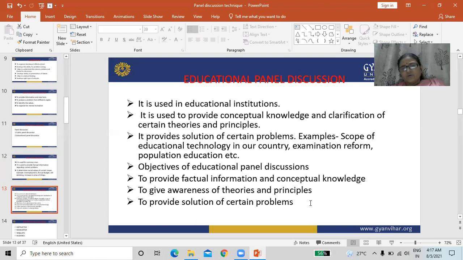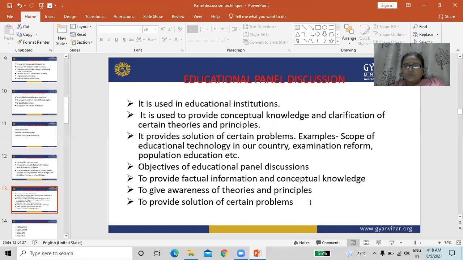Objectives of educational panel discussion: to provide factual information and conceptual knowledge, to give awareness of theories and principles, to provide solutions for certain problems.